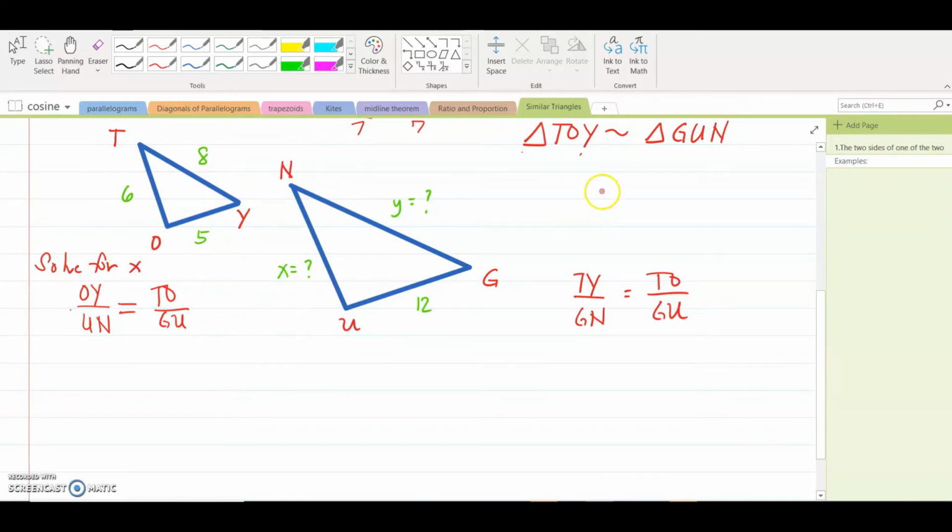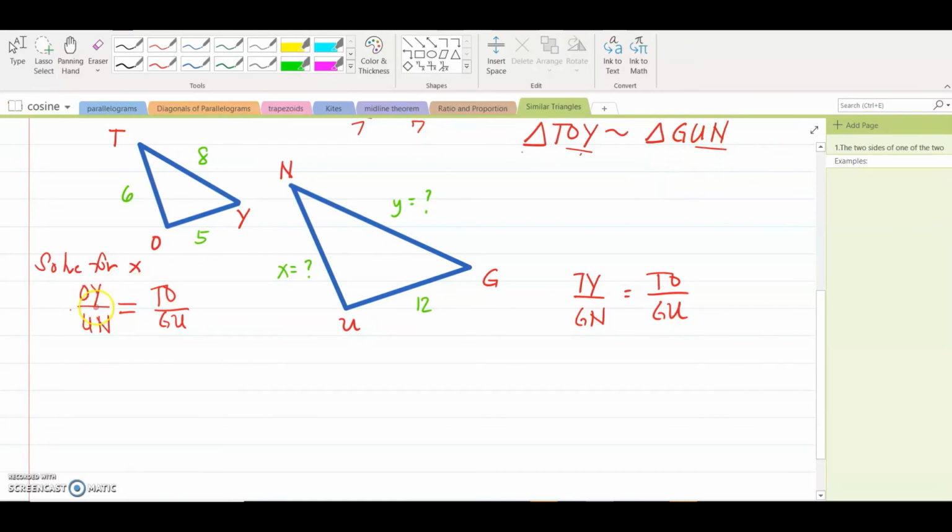So we know that side OY corresponds to UN, since the positioning of the letters corresponds. So we relate this side OY to this corresponding side UN.